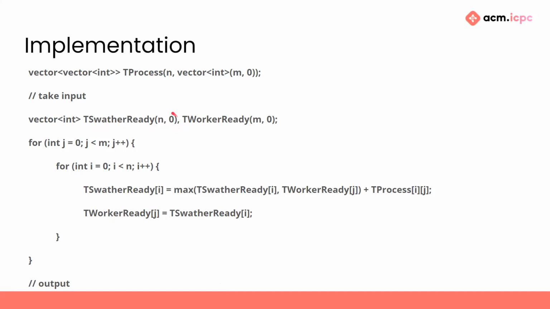Oh, yeah. So that's what the syntax means. Yeah, I should clarify that. For each of these vectors, we set them to 0. That's what the second parameter means. For some reason, I thought that was a 2-dimensional vector. No, we only used one 2D vector here to store the processing time.